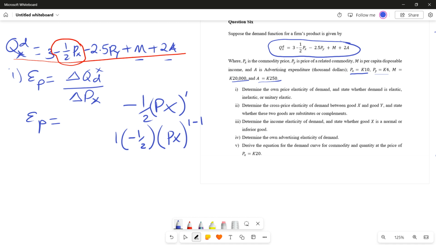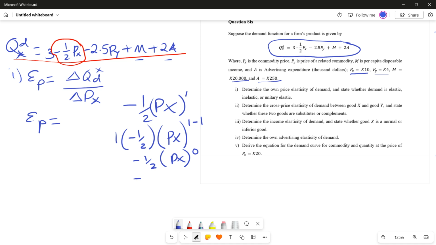Okay, so 1 times negative half is going to give us negative half. We are multiplying this by Px, but now this Px is raised to the power 1 minus 1, and 1 minus 1 is 0. Now in mathematics, anything raised to the power 0 is equal to 1, meaning that this Px to the power 0 is equal to 1.